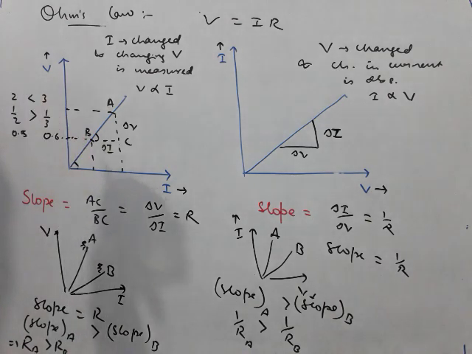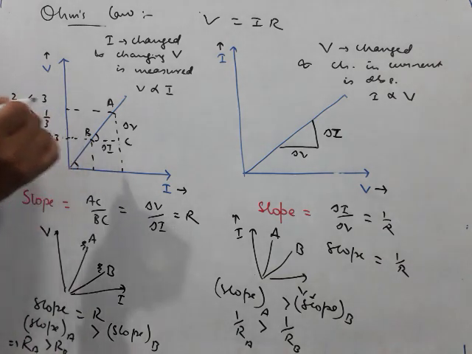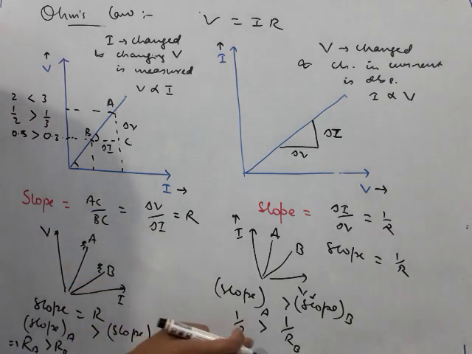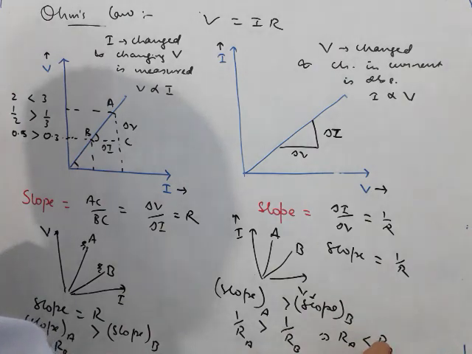Sorry, 1 by 3 is 0.3 something, 0.33 you will get. So 0.5 is greater than 0.3. So 2 is less than 3, but 1 by 2 is greater than 1 by 3. Same thing applies here. 1 by RA is greater than 1 by RB. This implies RA will be smaller than RB.